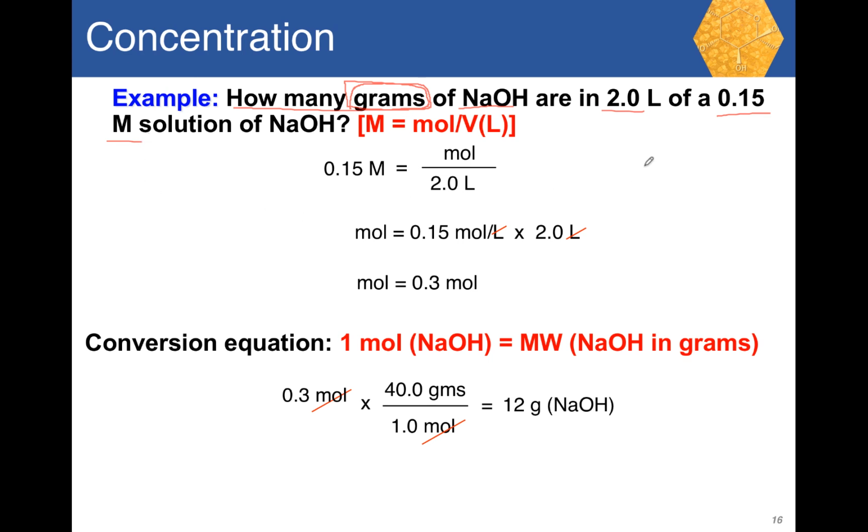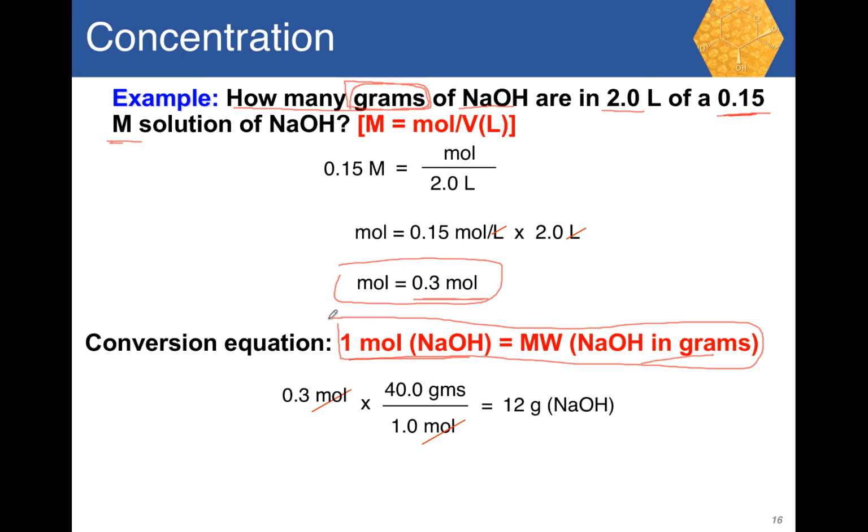So we have to convert this molarity here into moles. So this contains 0.3 moles in this concentration. Once you have the moles, you can convert moles into grams using this conversion factor. And of course, this is one you are familiar with from last chapter.